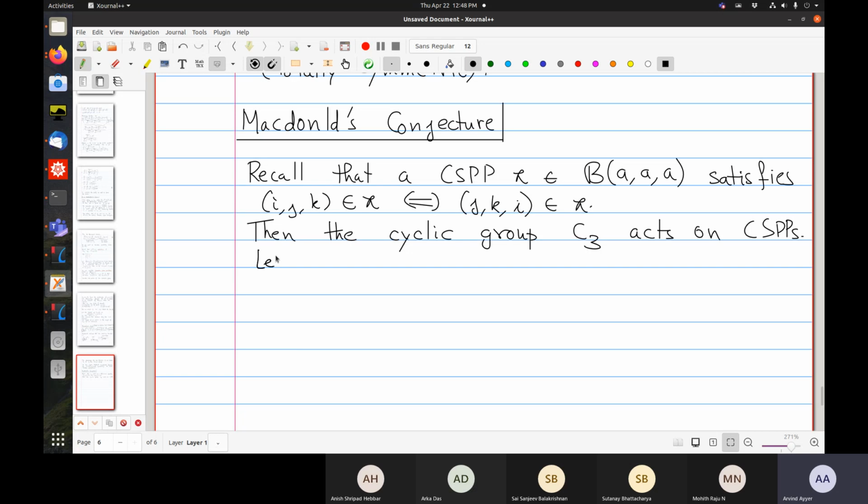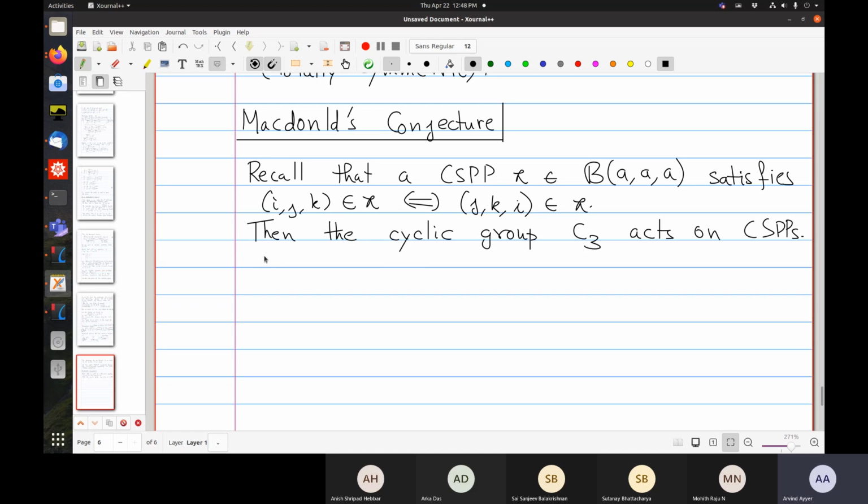So let eta be an orbit. I'm going to talk in terms of orbits, but it will be clear.